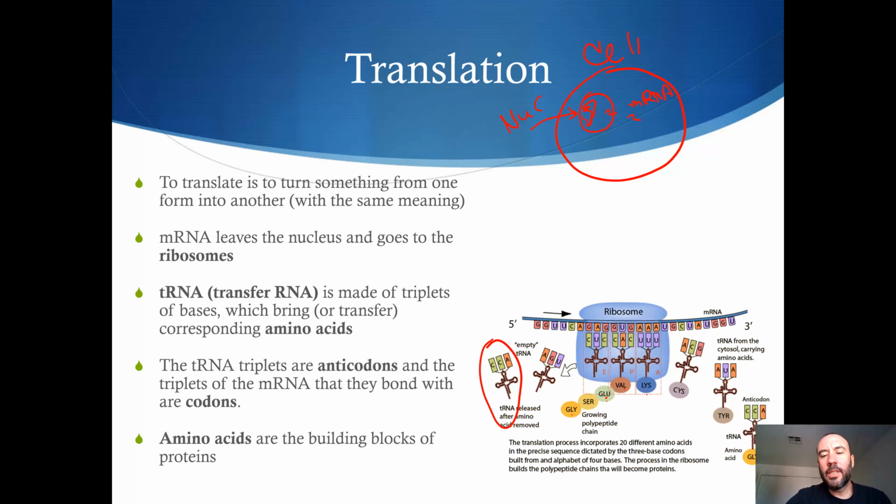And basically, the instructions that are transcribed from DNA to messenger RNA and then fed through the ribosome are in groups of 3, and those groups of 3 are called codons. And the transfer RNA brings anticodons, and those anticodons carry these amino acids to create a protein.